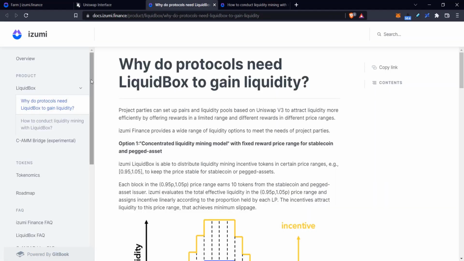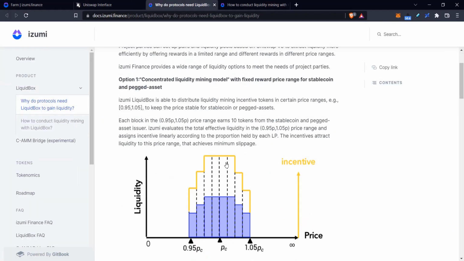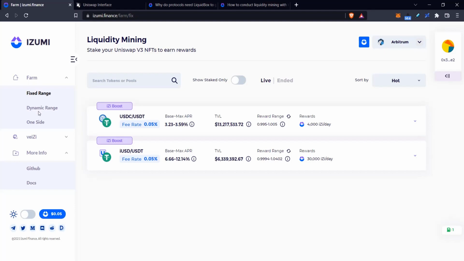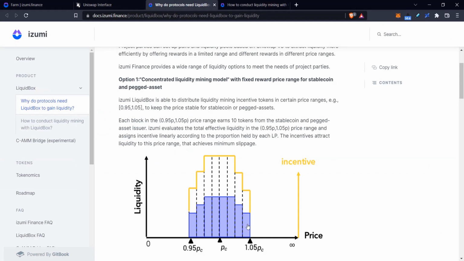So I'm going to go through the docs here and talk about these things and just very quickly mention the concept of these. Okay, so they have the concentrated liquidity mining model. What you can do as a project is open a farm that is a concentrated liquidity mining model, which happens to look maybe fixed range. Basically you would say, if people provide liquidity within these two range points, like maybe $10 and $20, then they will be eligible for your reward token, so maybe your governance token.